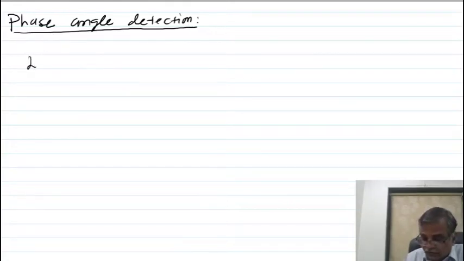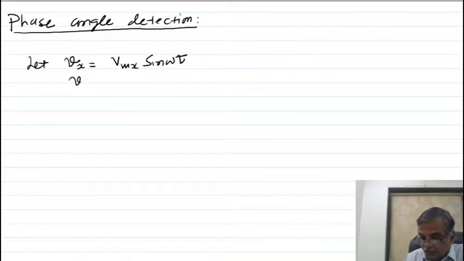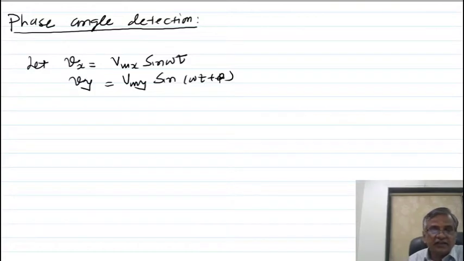Suppose you are giving input Vx as Vmx sine omega t, and input Vy as Vmy sine omega t plus theta. Theta is the phase angle between the two signals. I want to measure this phase angle. So how can you measure it?